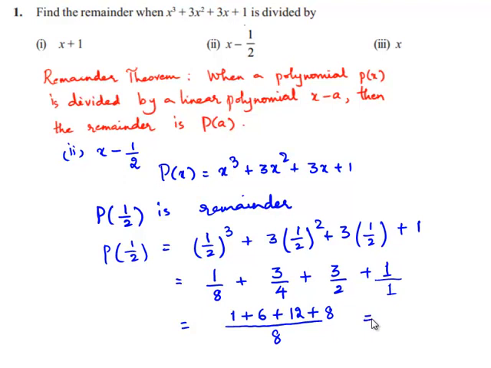That is 1 plus 6, 7, 7 plus 12, 19, 19 plus 8 is 27, that is 27 by 8. Therefore, p of 1 by 2 is equal to 27 by 8, which is the remainder of the given polynomial.